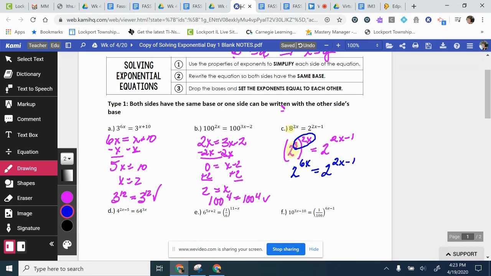I have now equivalent powers, same base, so we set the exponents equal to each other and solve for x. And again, we can check: 8 to the 1/2 should be equal to 2 to the negative 3/2.